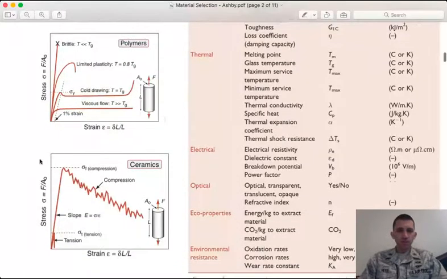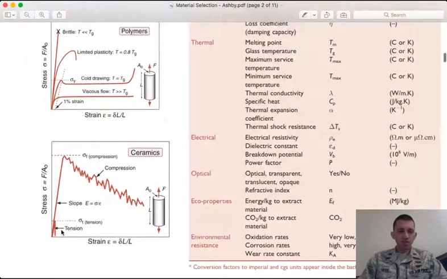And then for ceramics, the stress strain curve, ceramic materials tend to have very steep, very high modulus, but very little or no plastic deformation.